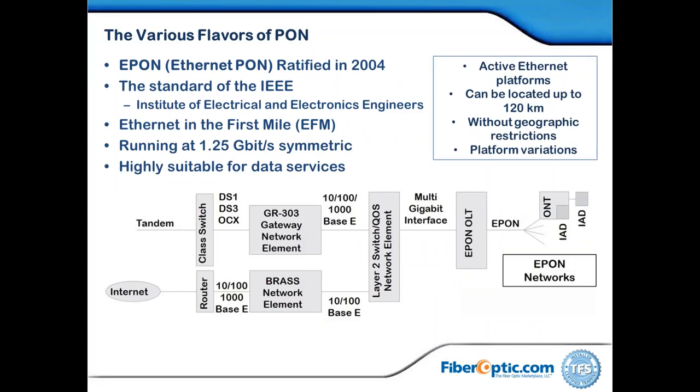Now, if you look at what I call here the various flavors of PON, and this depends since about 2004, what do we do? Active Ethernet platforms can carry the data signals, and of course the voice today, and can be located up to 120 kilometers, not 20, without geographic restriction. Now, what am I talking about here?